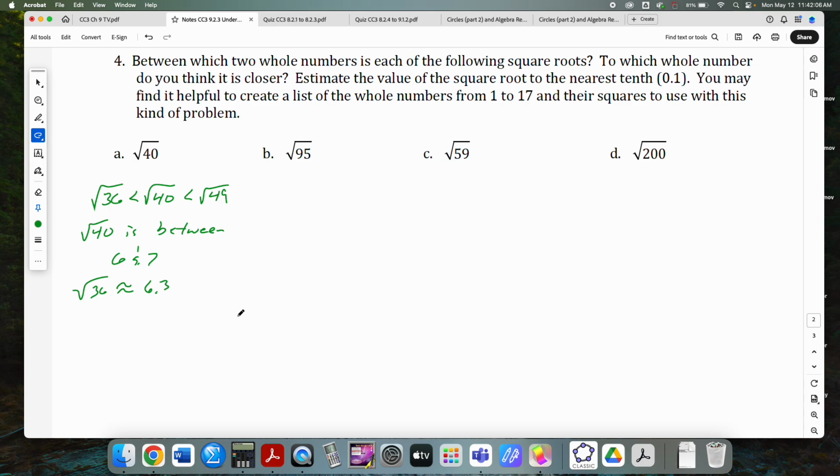All right, so let's look at this, the square root of 95. What two perfect squares is that in between? 81 and 100. So the square root of 95 is between 9 and 10, exactly. Which one does it appear to be closer to? 10.